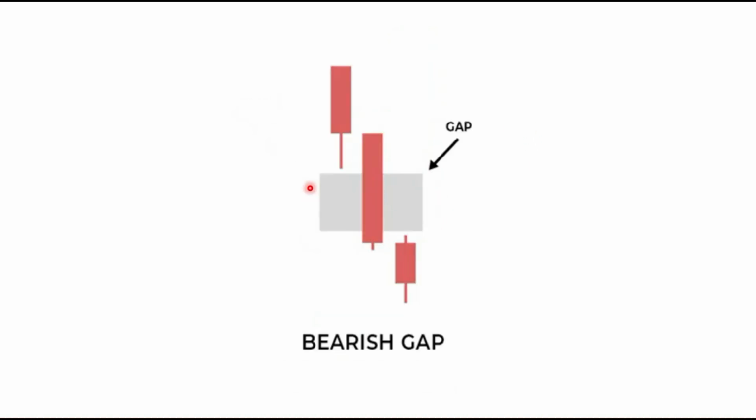Now there is a new example of the bearish gap. We have the first candle low, we have the last candle high, and this gray area is the fair value gap for a bearish trend. So this is very simple. However, you need to be careful because of the mother candle. I will give you another example.